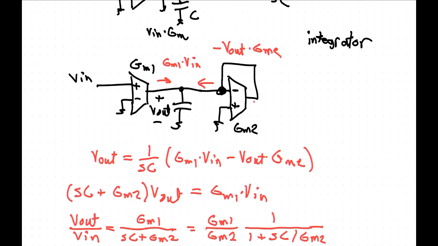I would probably like to, if you know me, this is one of my favorites. Well, you'll see why it is in a sec. So what we can do, if we have a couple of transconductors, so we have GM.